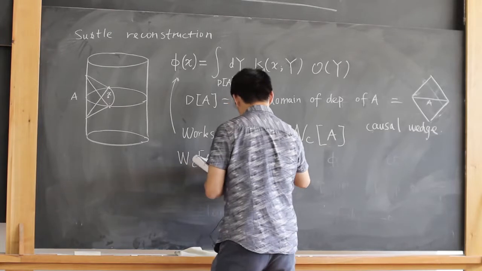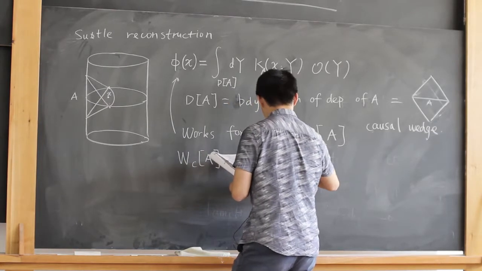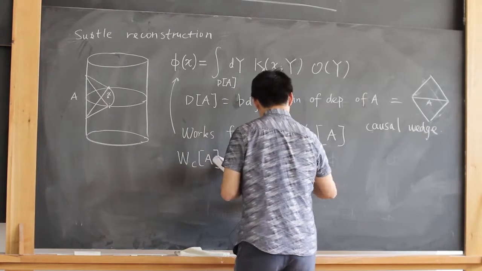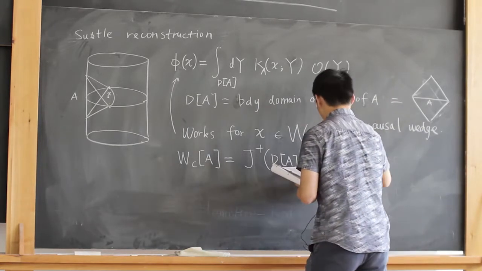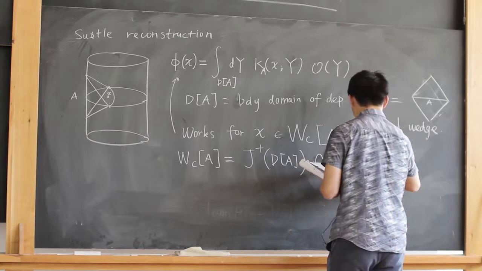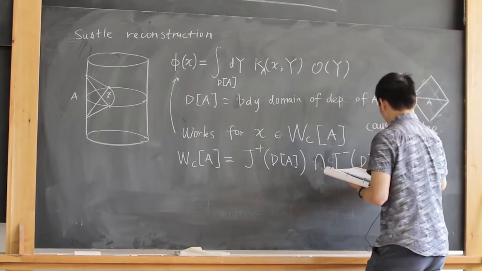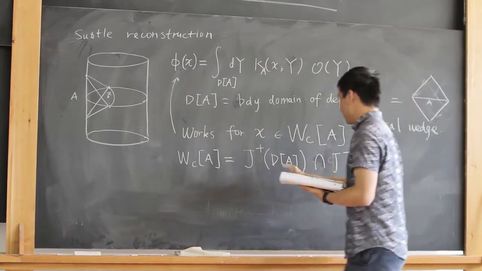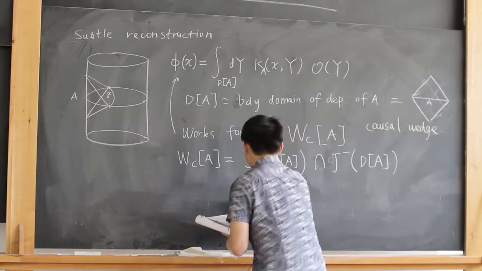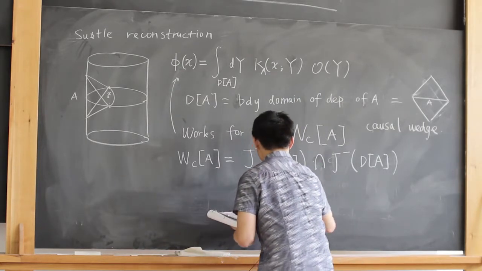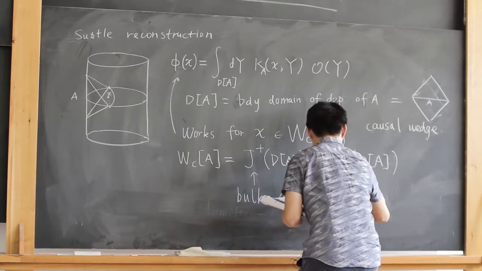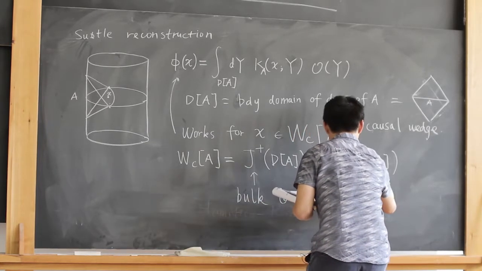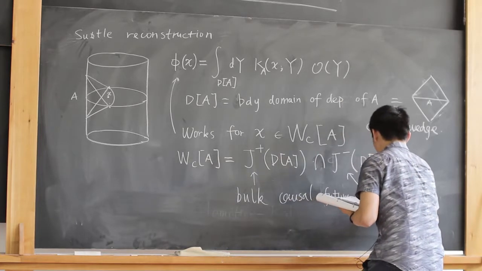So it is the intersection of the causal future and the causal past in the bulk of D of A. So this is the bulk causal future, and this is the causal past.